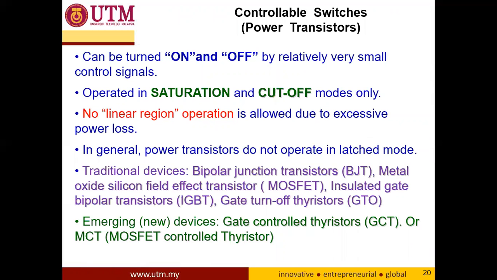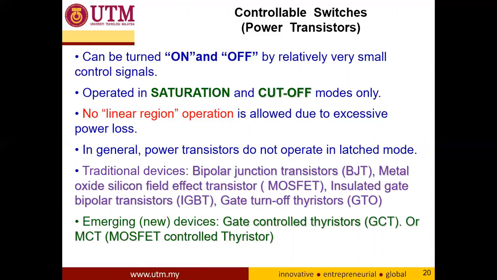Okay, the third group is the controllable switch, which is transistors. Most of the power devices inside this are transistors. These transistors are operated in saturation and cut-off mode only.